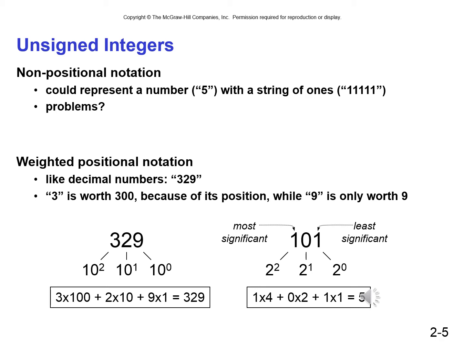So we've got 1 times 1, plus 0 times 2 to the first, plus 1 times 2 to the second. 2 squared is 4. So we got 4 plus 0 plus 1, 5. So 101 in binary is the equivalent of 5 in base 10 or decimal.